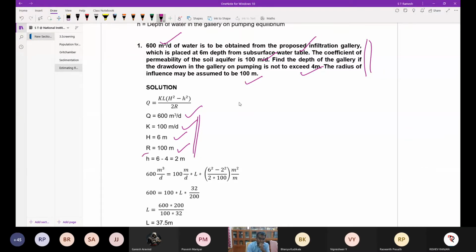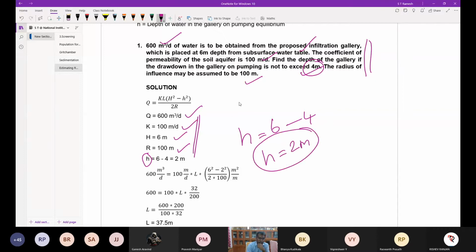Then you have to calculate what is the small h value. h is equal to 6 meter minus the 4 meter drawdown, since the drawdown in the gallery on pumping is not to exceed 4 meters. Thereby this h becomes 2 meter.